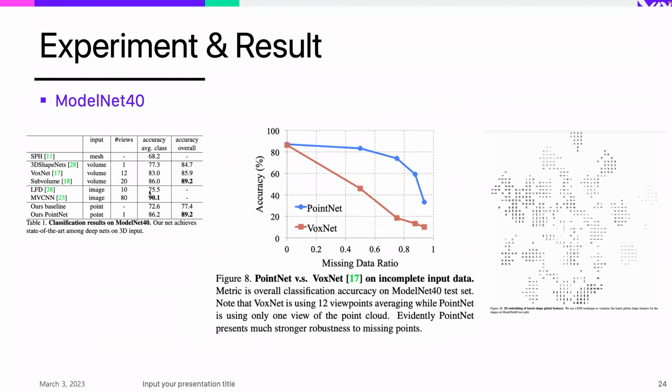So what is the advantage compared to VoxNet? VoxNet turns the point cloud into voxels, and they capture the voxels from 12 directions, so they need 12 views, but PointNet only needs one view, just the raw point cloud data.